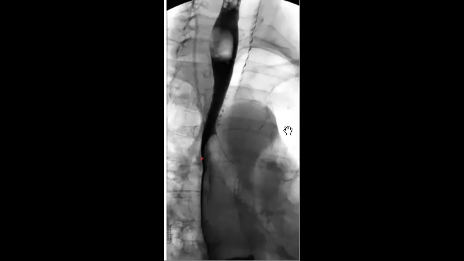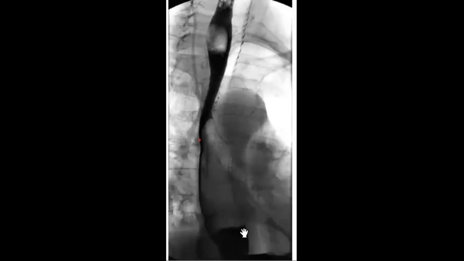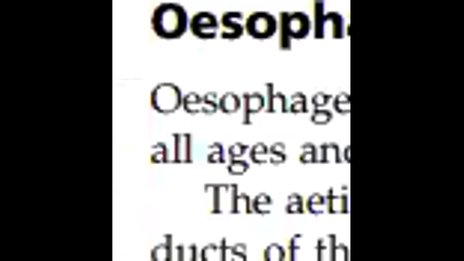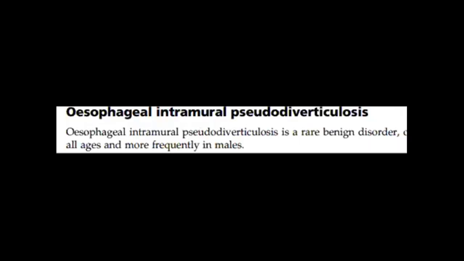And the association is candida. That's why they like to take a biopsy to exclude or prove candida infection. And sure, it can have reflux, as in this case, gastroesophageal reflux, hiatus hernia, esophageal dysmotility, diabetes and carcinoma. Okay. So this case was esophageal intramural pseudo-diverticulosis.